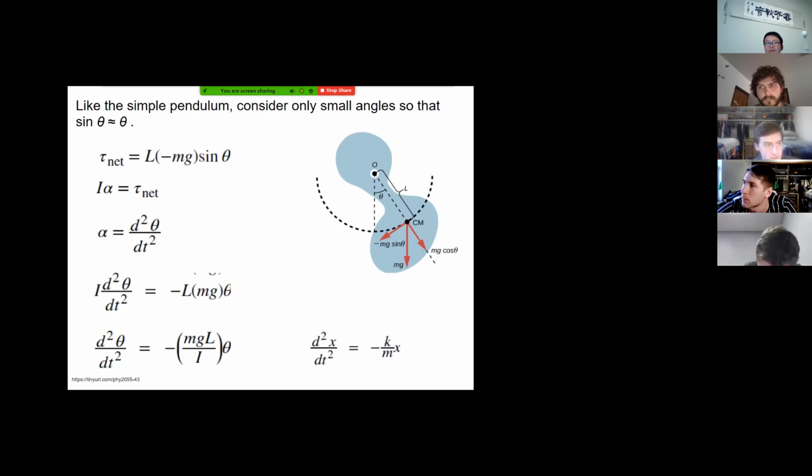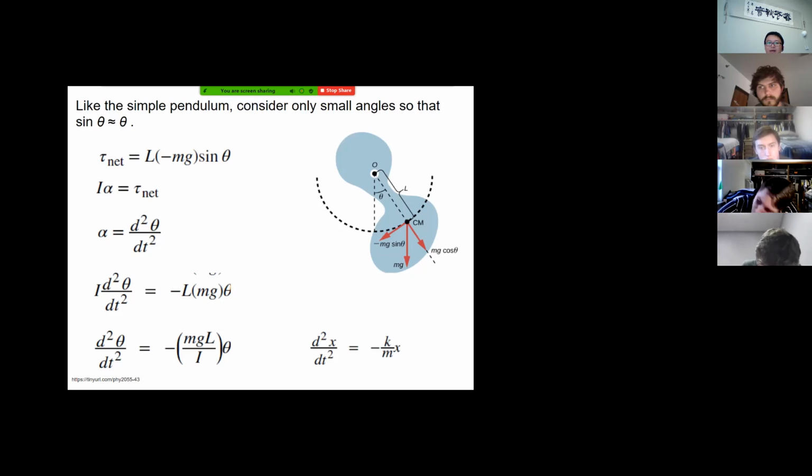We'll be looking at the rotational motion, right? So let's take a look at what torque this net force is going to produce. This is mg sine theta times L, where L is the distance from the center of mass to the axis of rotation.